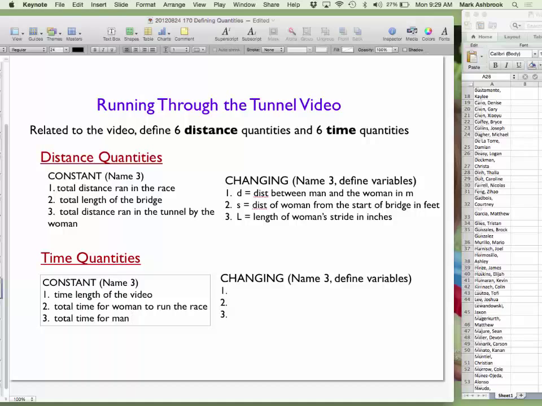How about a different span of distance, like within the video? Can you think of it? Through the tunnel. So something different, okay? Total time for the man to run through the tunnel. Constant time quantity.